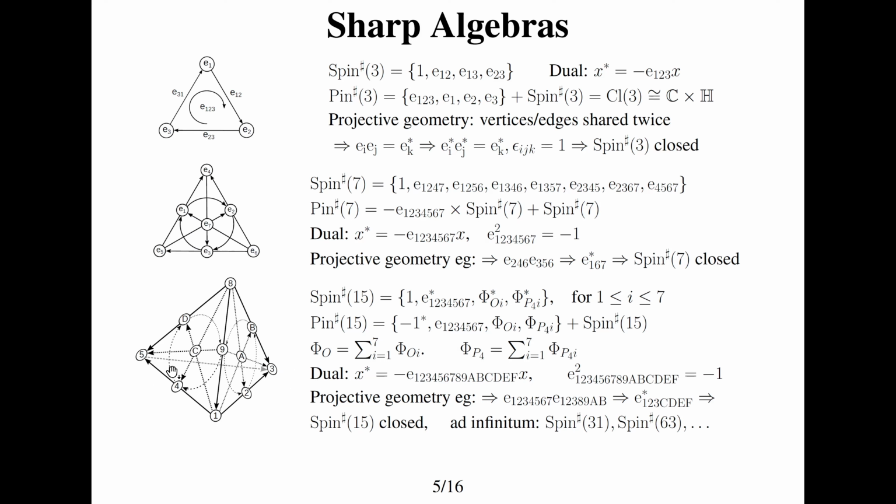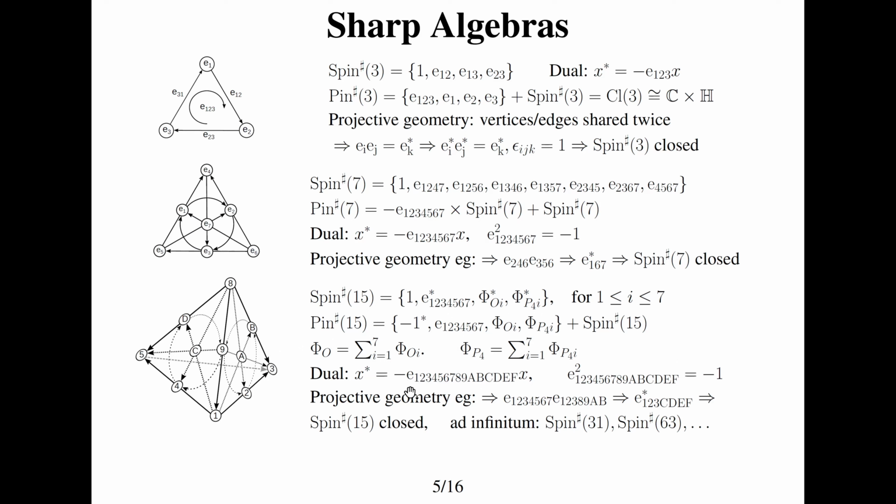The dual of that, of course, is the plane through the middle. So again, this defines a spin algebra subset of the 15 dimensions, which I'm calling sharp algebras, that has 15 8-forms.